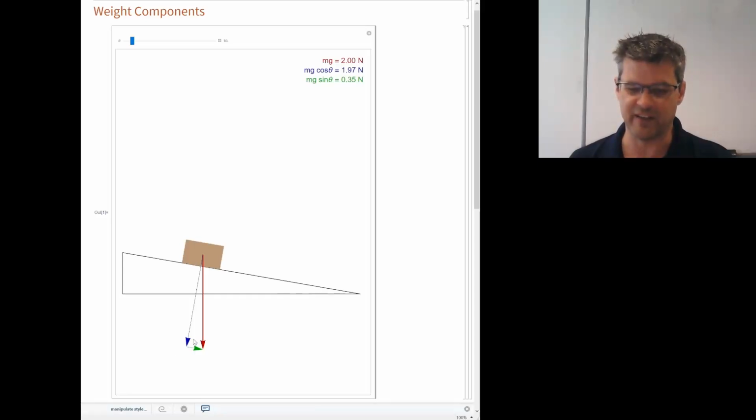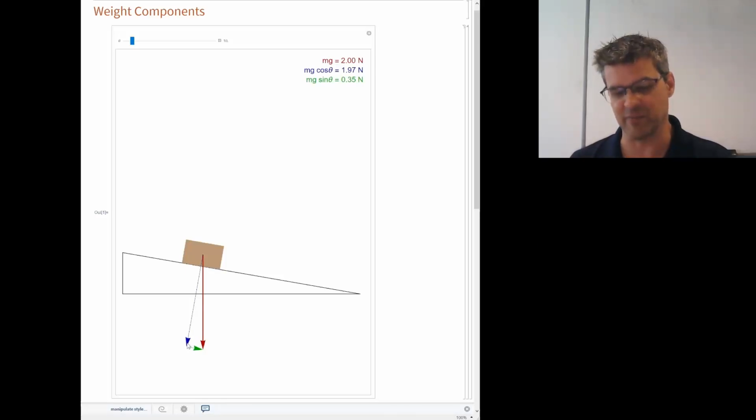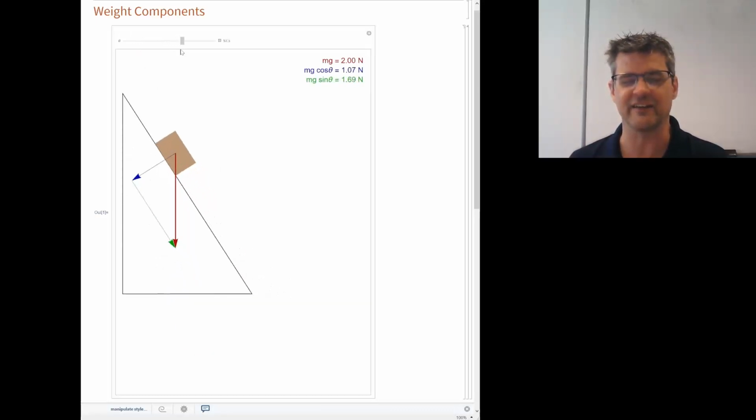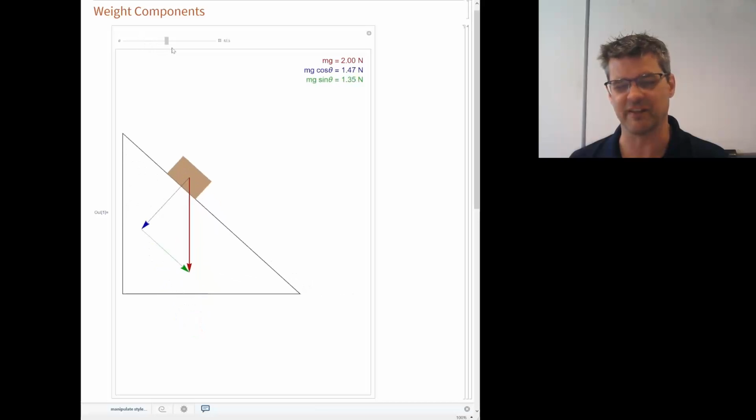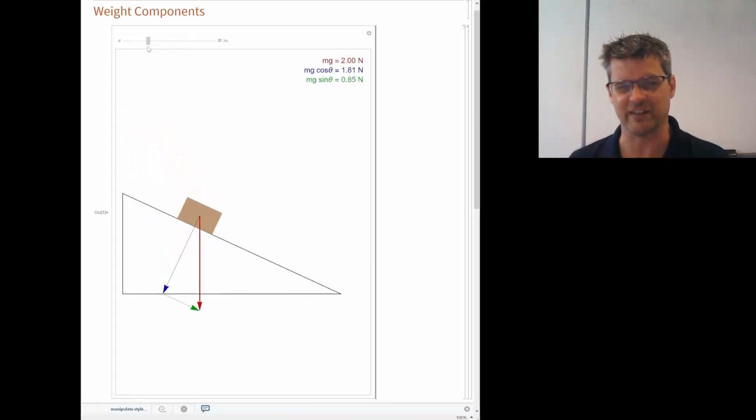Now over here, I not only have the weight hypotenuse, but I have components created as well. I have a component that is perpendicular to the plane, and I have a component that's parallel to the plane. And you see that for any angle theta, blue is always perpendicular, green is always parallel.